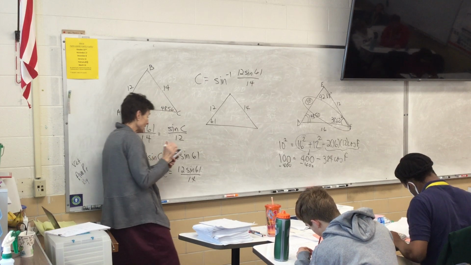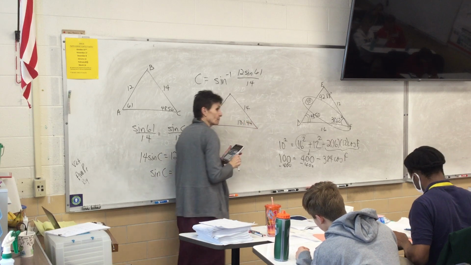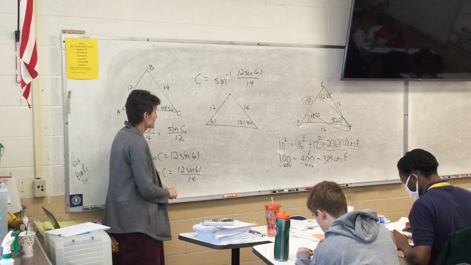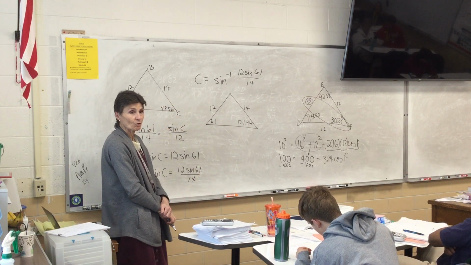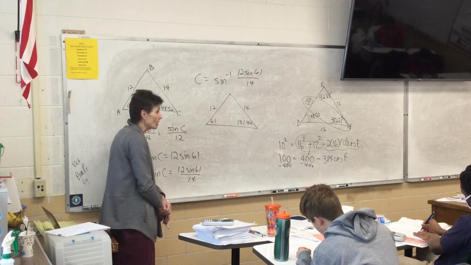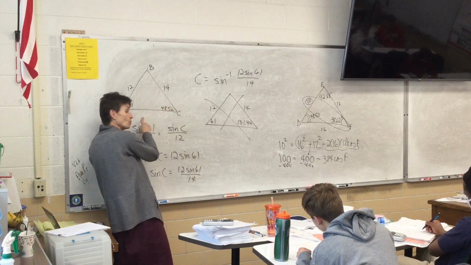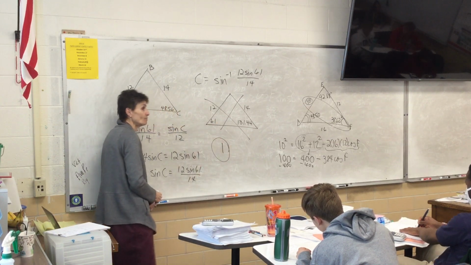So 180 minus that one is 131.44. Now, is it possible to have a 131 and a 61 in the same triangle? No. So this triangle doesn't work. This one does. So how many triangles are possible? One.